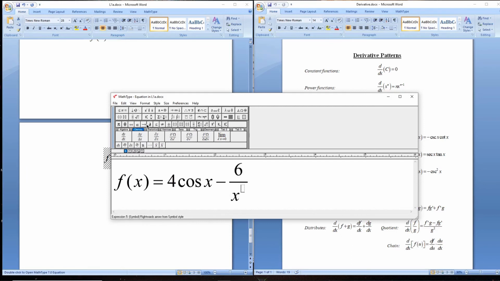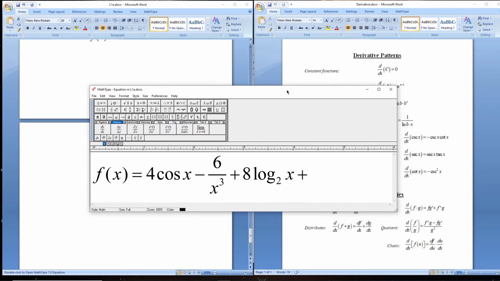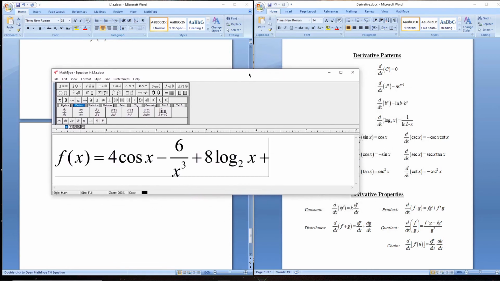Let's do some of the more challenging looking ones. And maybe we'll throw a log in there. And how about another trig function? Let's go with one that you don't see too much.